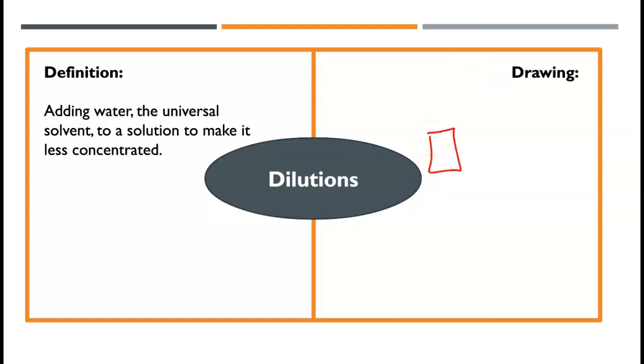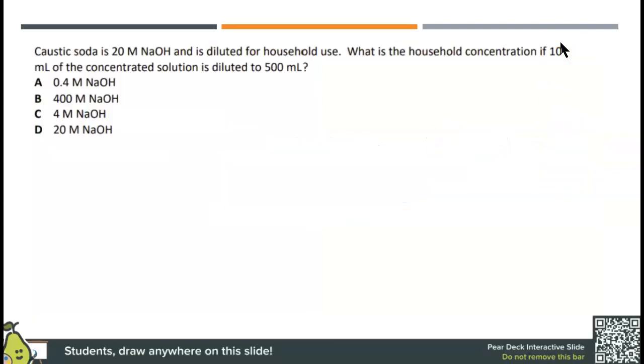Remember, whenever you have a beaker and you have a given amount of water, it's super dark, super concentrated, but when you add water to it, the volume increases and it is also a lot lighter. That's because there's the same amount of solute in there, but there's just more volume in there as well.